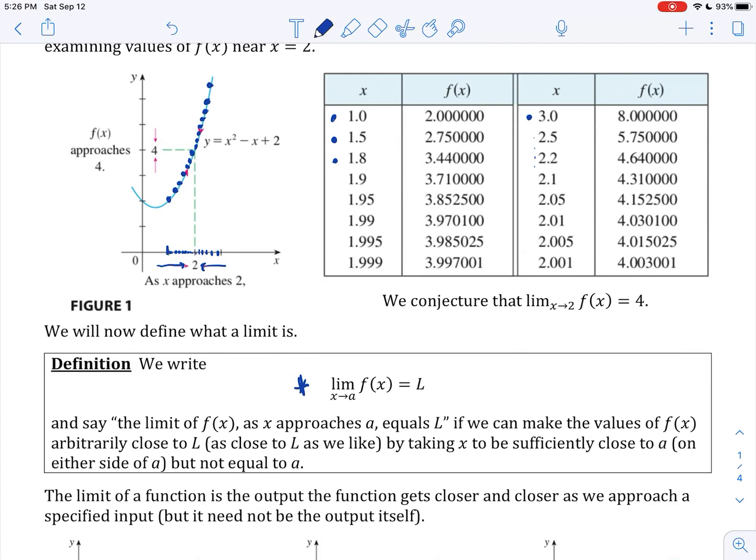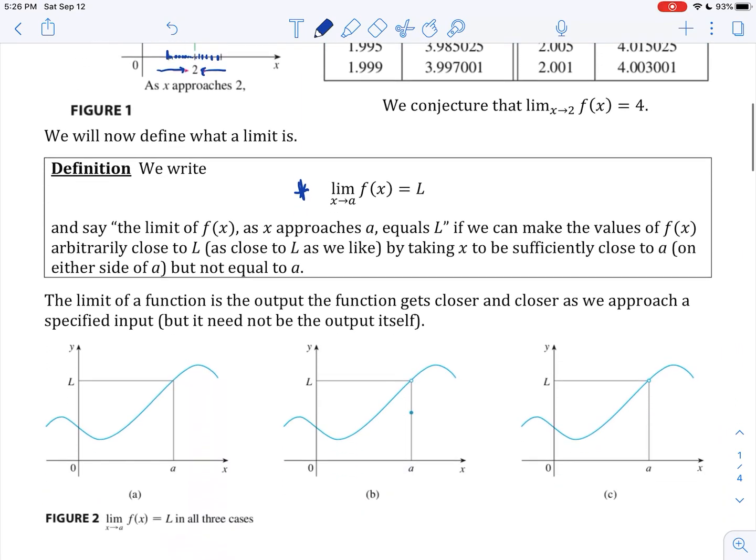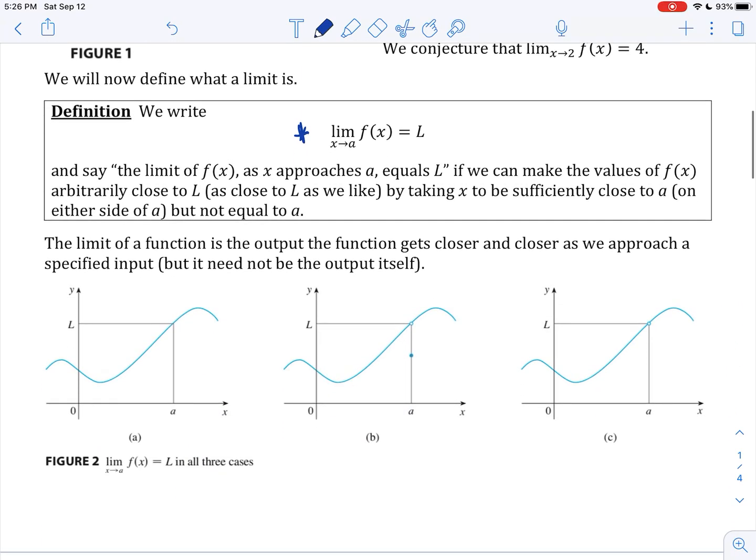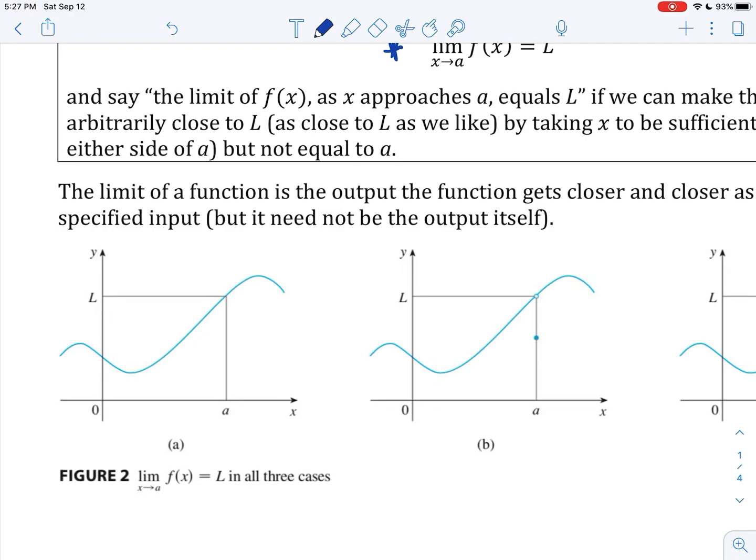We're really just taking values from the left-hand side and from the right-hand side of a, and going to the graph and seeing where the output values are tending towards. In this case, our value of L would be this value, and we can calculate that by going over to the y-axis and identifying what that output is.